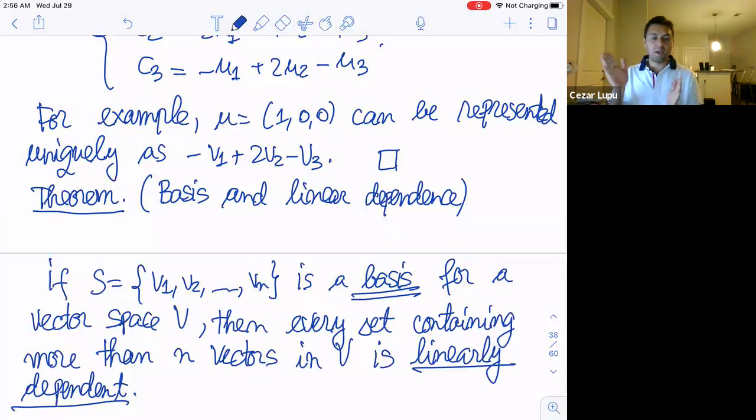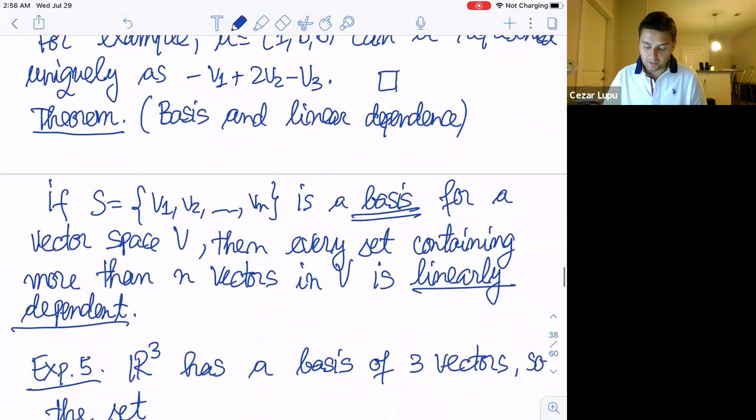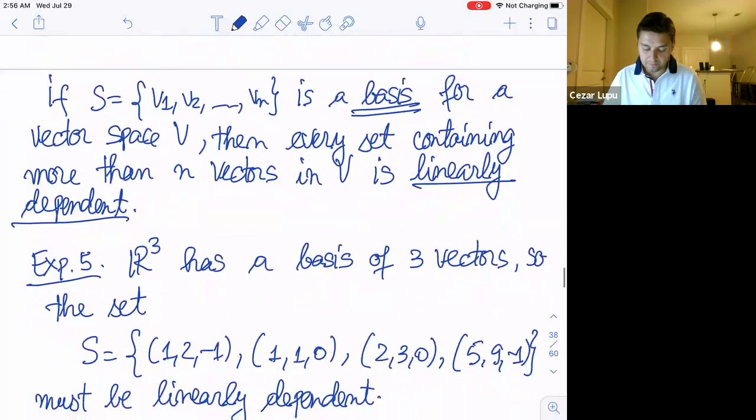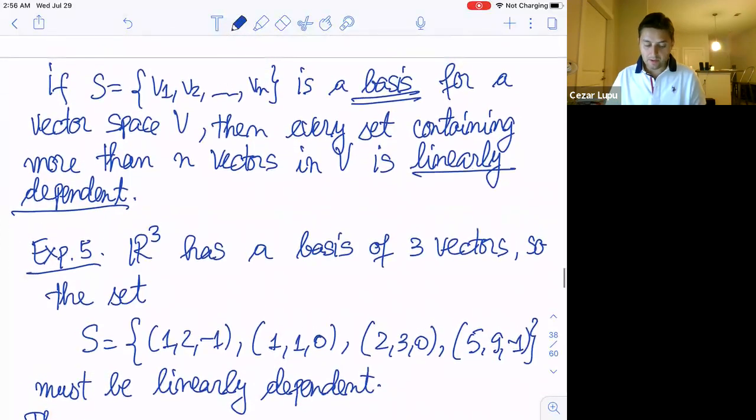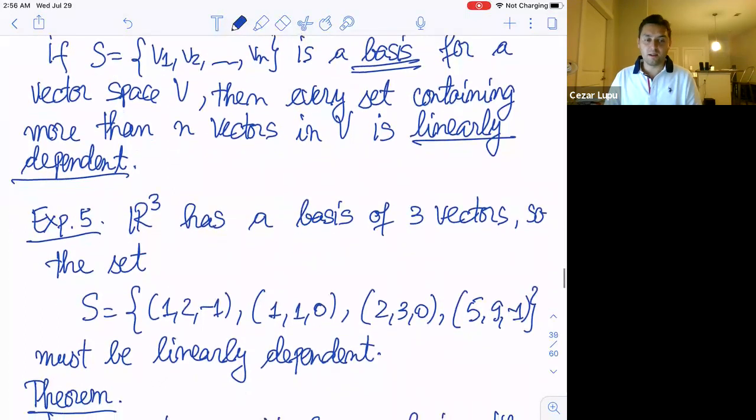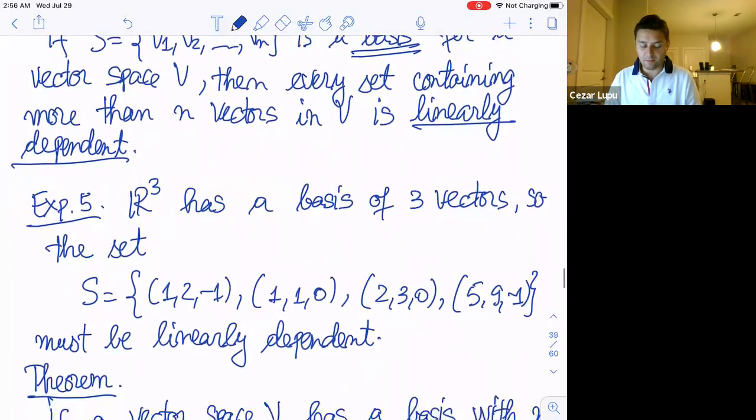So I cannot go beyond the number of vectors in S that form a basis. Now let's see an example. R3 has a basis of 3 vectors, right? In this set S, I have more than 3 vectors: 1, 2, 3, 4 vectors. Therefore, they must be linearly dependent. That's quite clear.